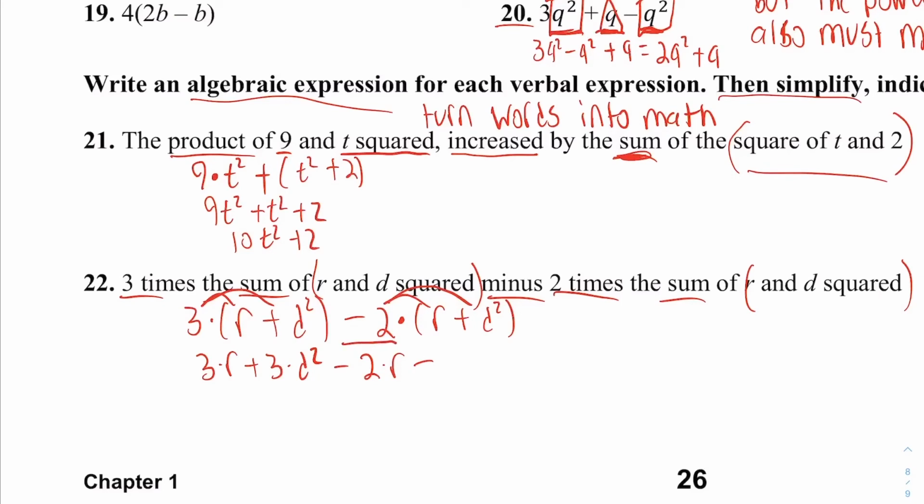That means both of these answers are going to end up negative. So this is minus 2d squared. So this is 3r plus 3d squared minus 2r minus 2d squared.